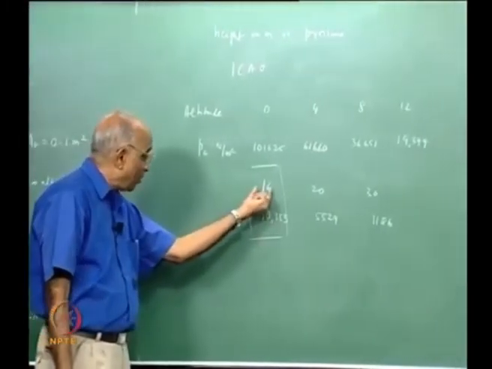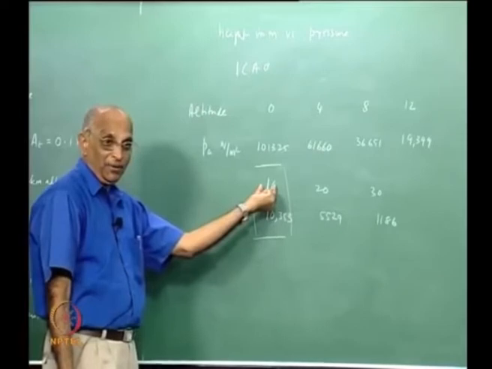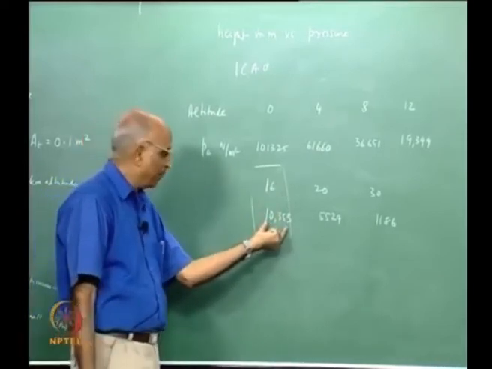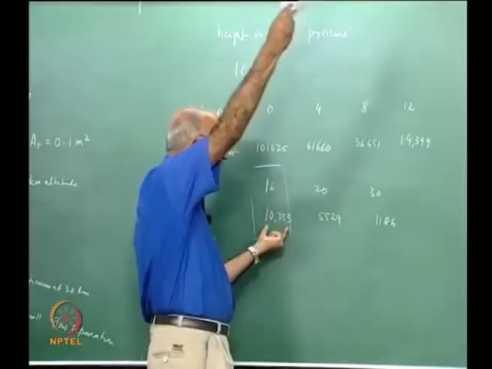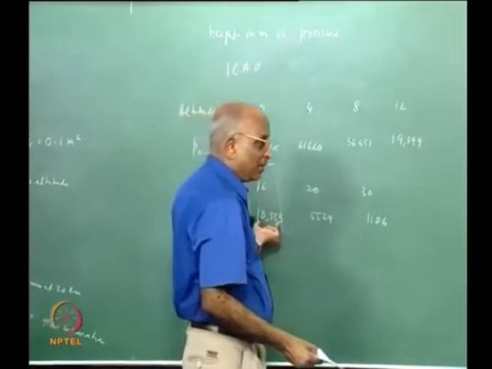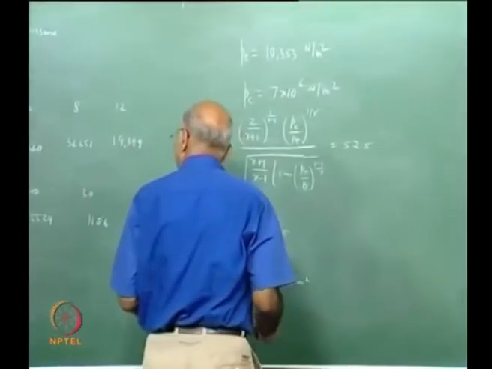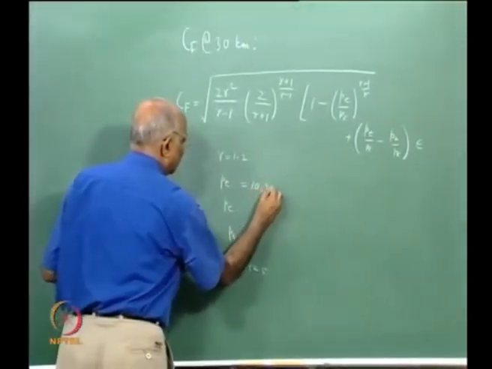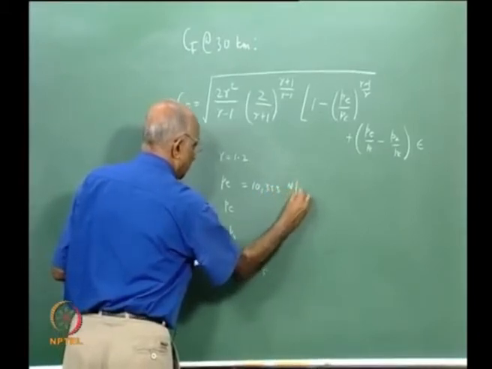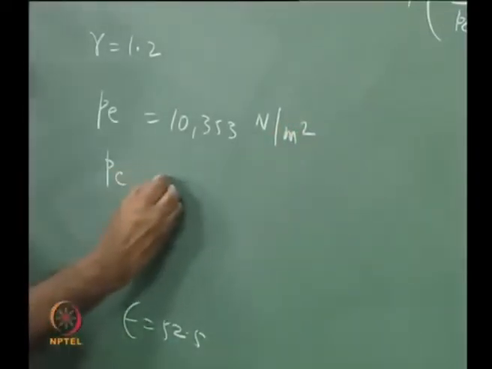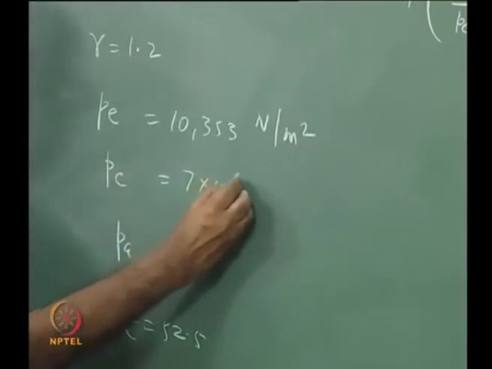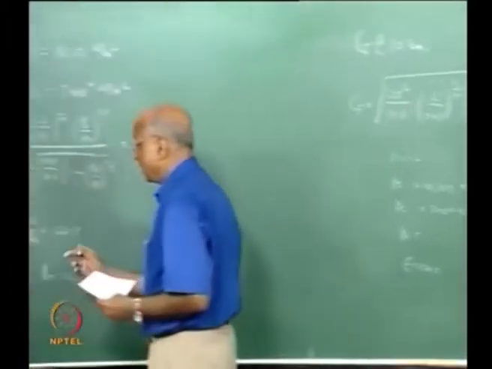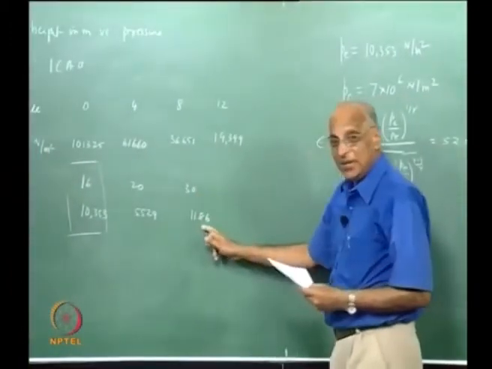Yes, the nozzle has been designed for 16 kilometer altitude, and that is where the exit pressure should be, and because it is now flying at a higher altitude but exit pressure will not change, therefore Pe is equal to 10,353. Your answer is correct. Pc we know is 7 into 10 to the power 6 Newton per meter square. Pa at the current altitude of 30 kilometers is 1186.